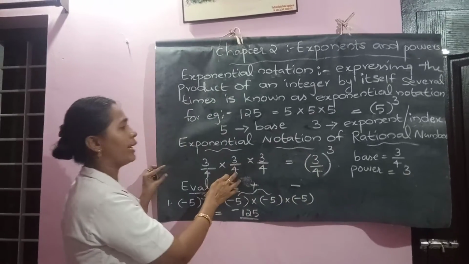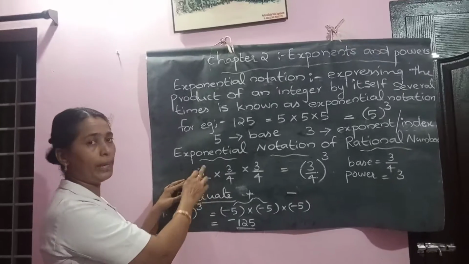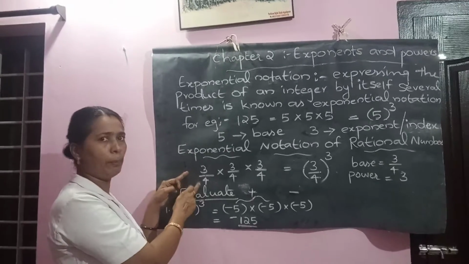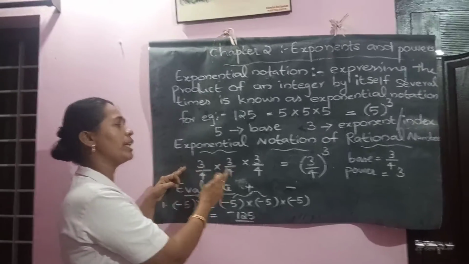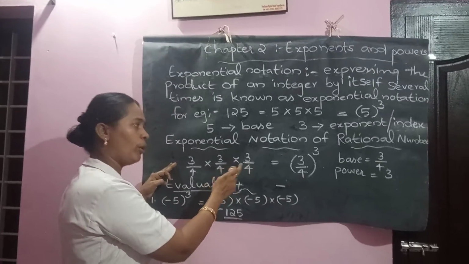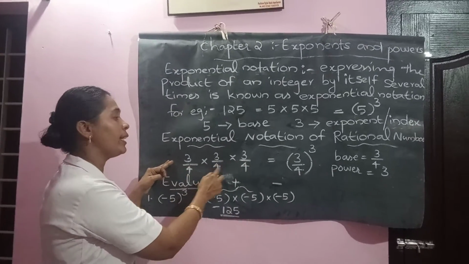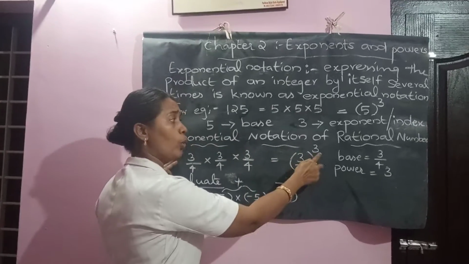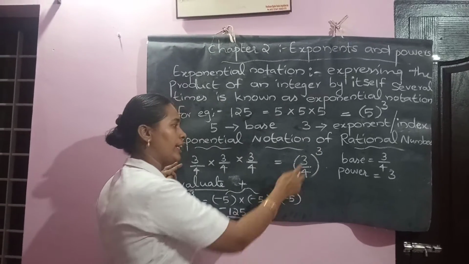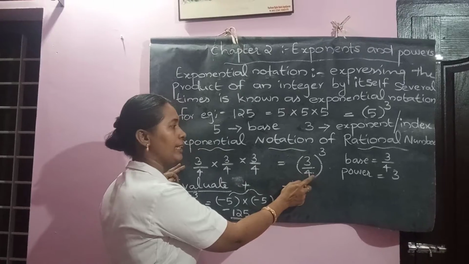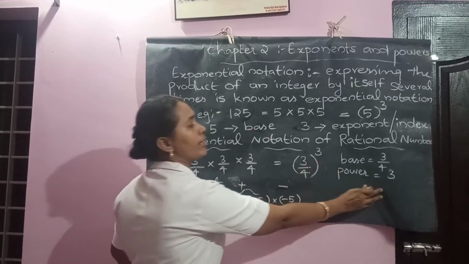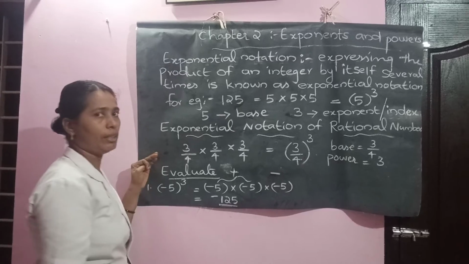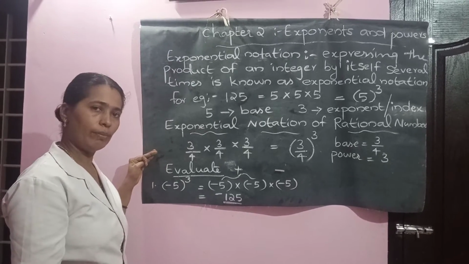So let us see a number 3 by 4, p by q form. Maybe negative, maybe positive. Here the teacher has taken a positive value now. 3 by 4 is multiplied by 3 by 4, how many times? 3 times. So we can write 3 by 4, whole power 3. That 3 by 4 you keep in a bracket. This is your base. And the value written above the number is called power. Power equal to 3.